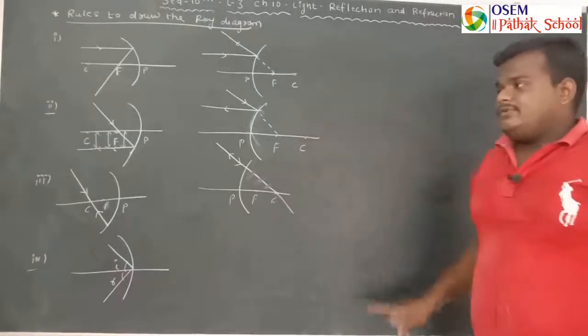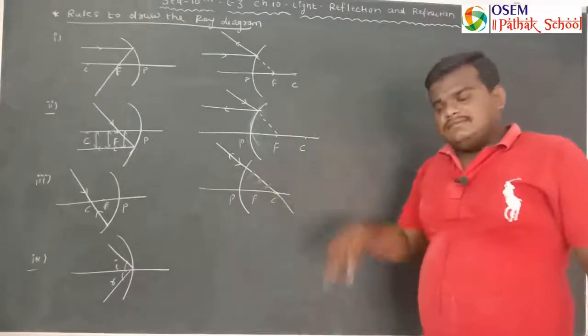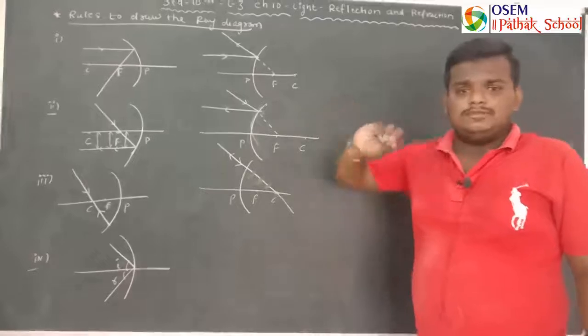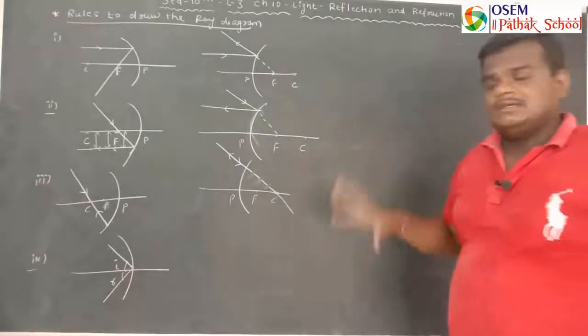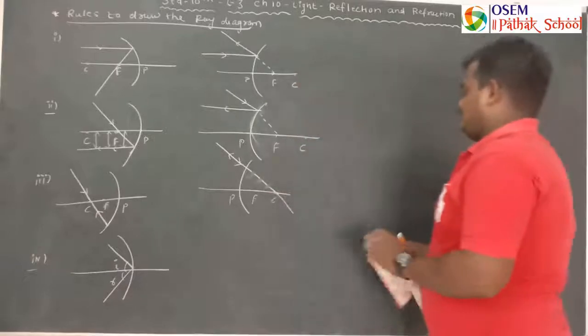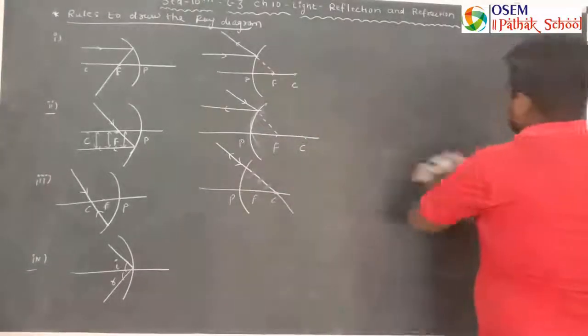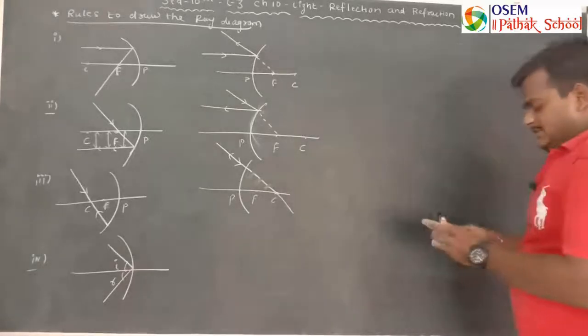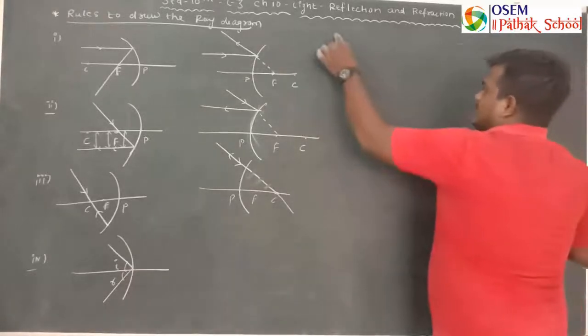So these are the four different rules that are given in your textbook. After understanding this, try to read that and you will easily understand these types of rules. Now, the second and last topic of this lecture is sign conventions.